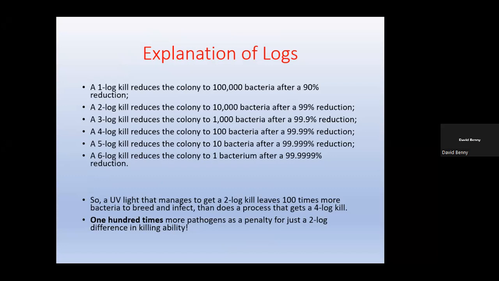If you have 100,000, after 1 log you reduce by 90%, and so on and so on. Normally UV systems are designed for 4 log kill, so it reduces the 100,000 colony of bacteria to 100 bacteria.